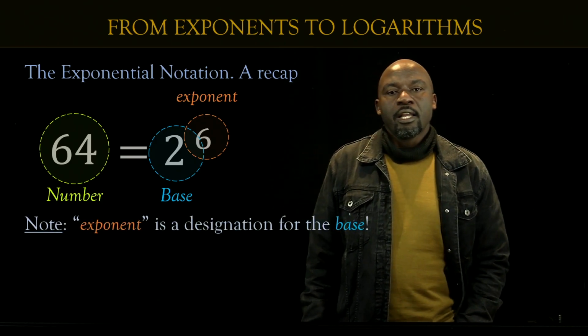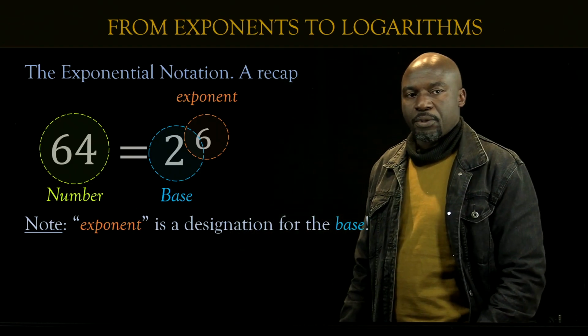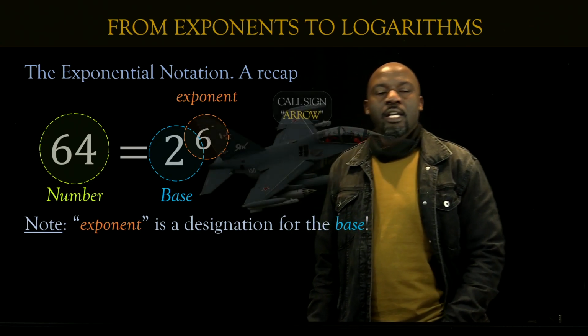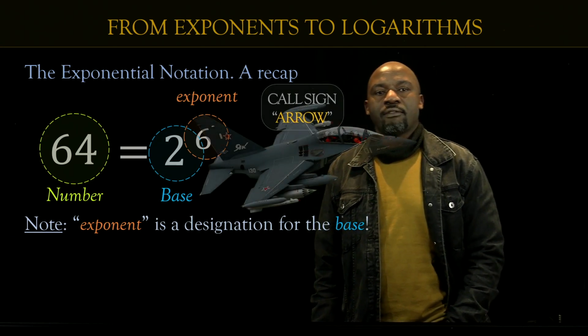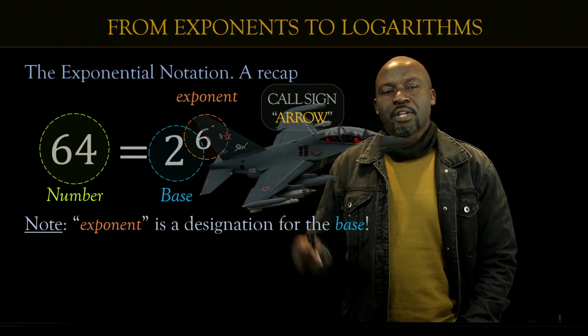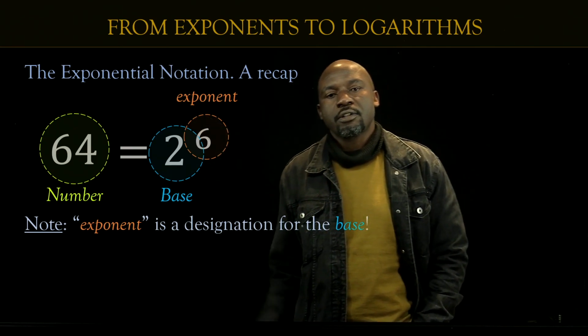We say that the exponent is a designation for the base 2 there. Designation, which is to say it's like a call sign, okay? Jet fighter pilots usually have a call sign. So it's a special name that refers to that particular pilot. So in this case, the 6 is a designation or a call sign for 2.